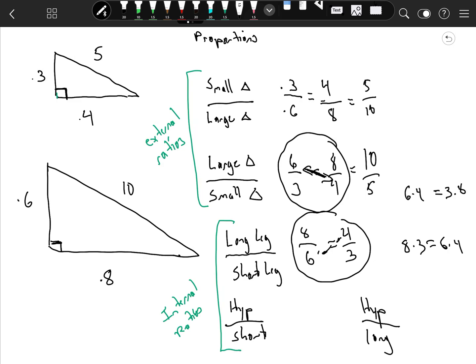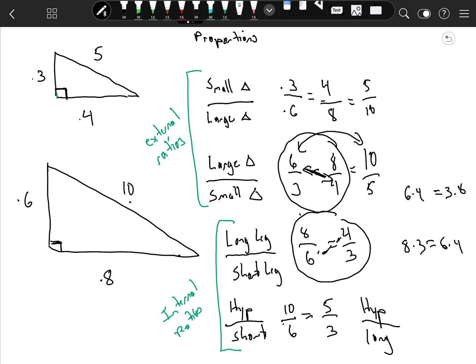Okay, let's take a look at the hypotenuse over the short. Hypotenuse would be 10. So 10, and this is an internal ratio, so over 6 equals 5 over 3. And again, you could compare this one. I guess you would have these two right here, that first and last one, 6 over 3 and 10 over 5.